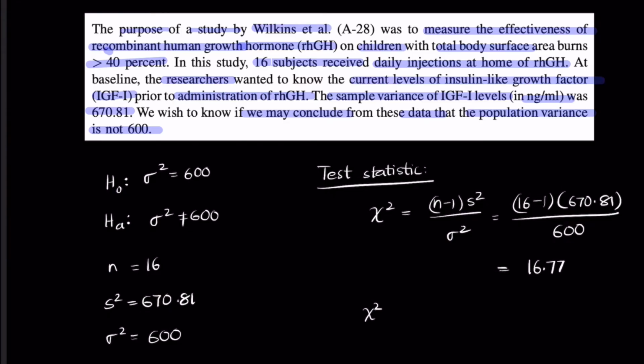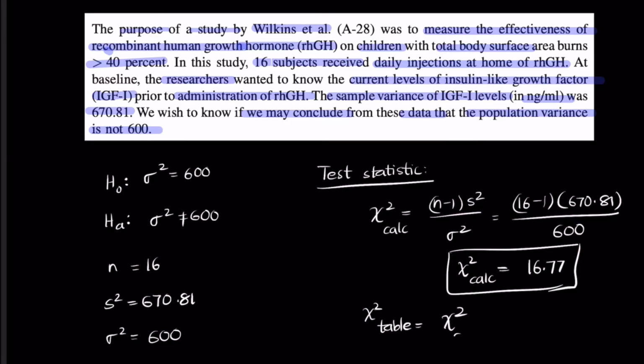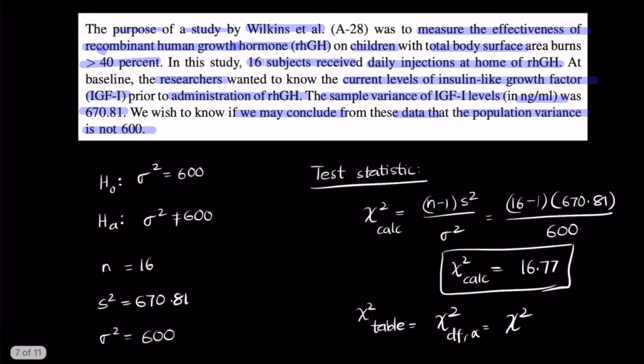Now this is the calculated value, so let's put it separately. The next step is to find the value from the table, which is chi-square of df comma alpha. Remember that this is a two-tailed test. Chi-square values have to be taken on two sides, so chi-square also has a lower bound and an upper bound value.